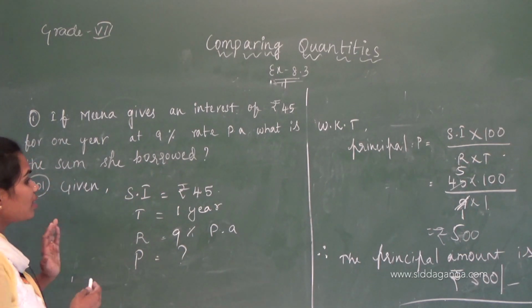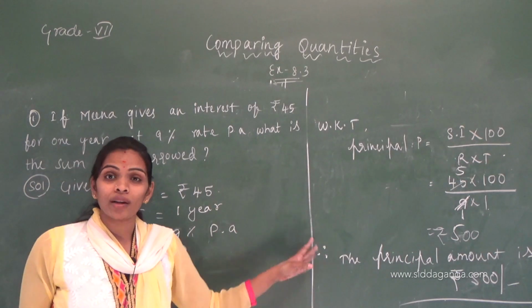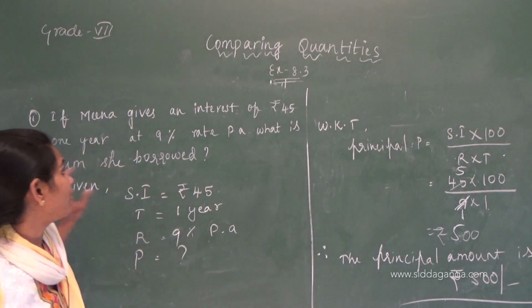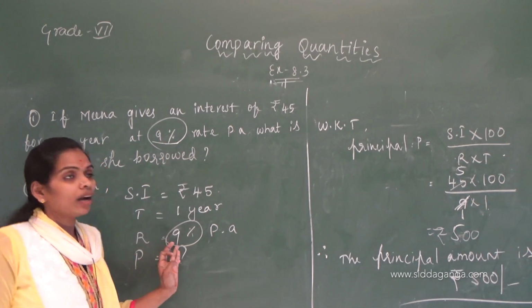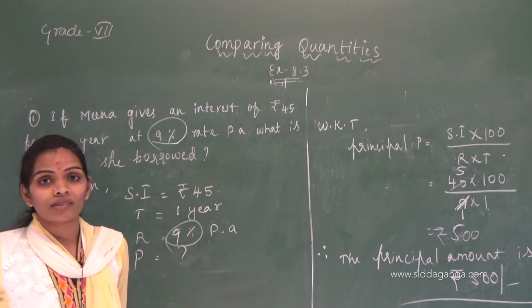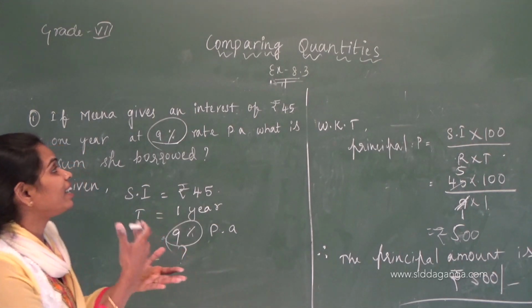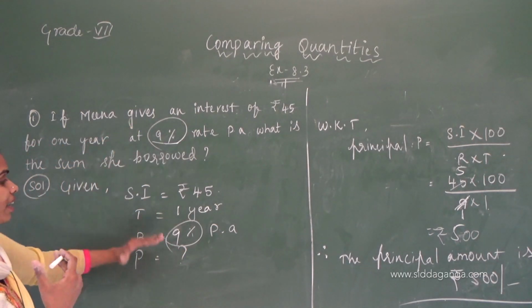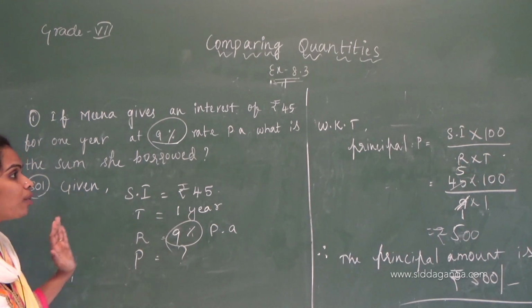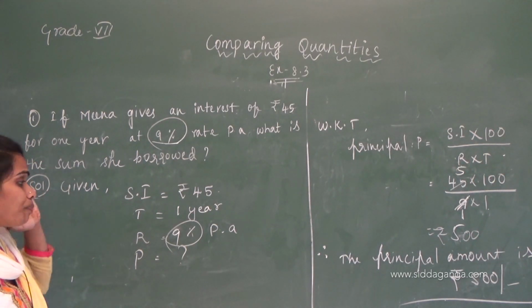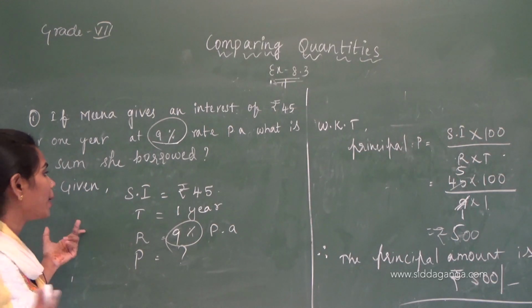See here, I substituted all the values correctly, but when I wrote 5 in place of 9, the answer was wrong. Correct? When you are writing the values of each quantity, you have to be very clear.